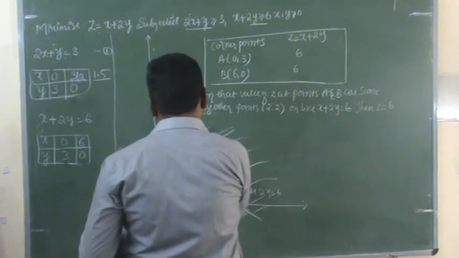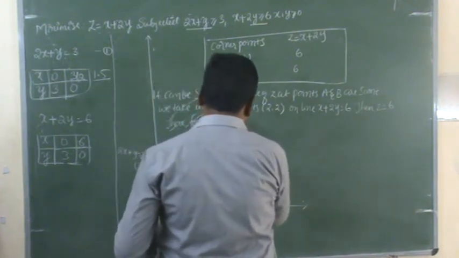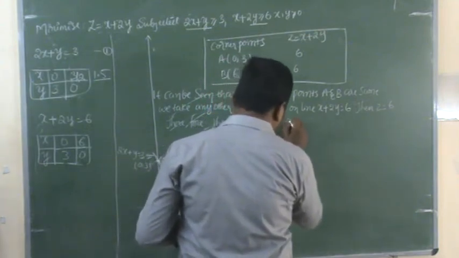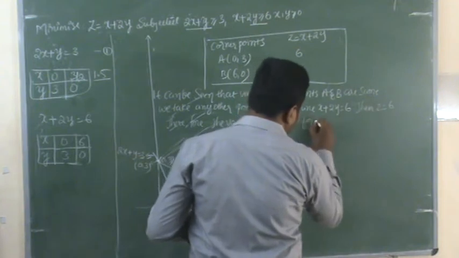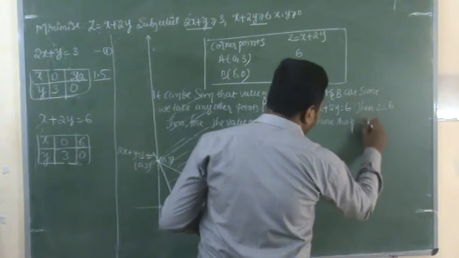Therefore, the value of z occurs for more than 2 points.